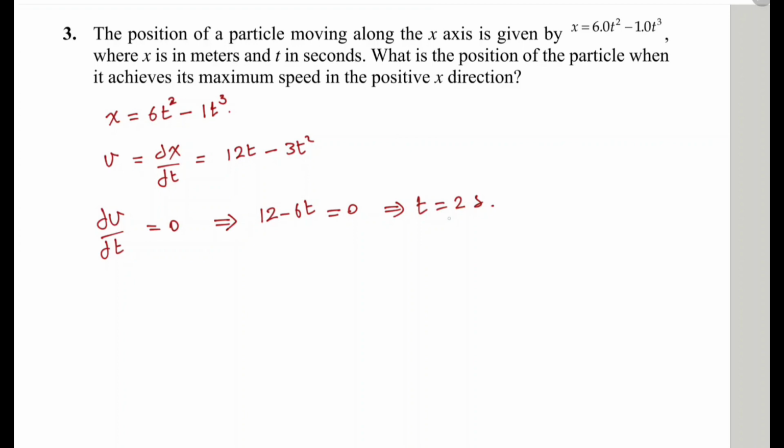Now you substitute this t back in the position, and x when t equals 2 is 6 times 2 squared minus 1 times 2 cubed. In other words, x equals 24 minus 8, or it's equal to 16 meters.